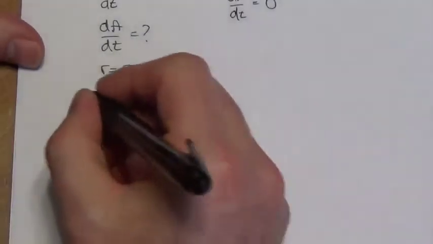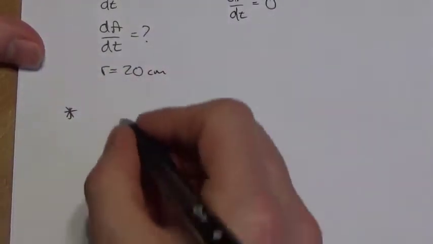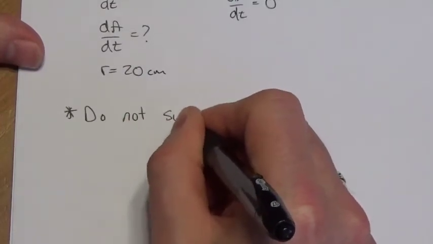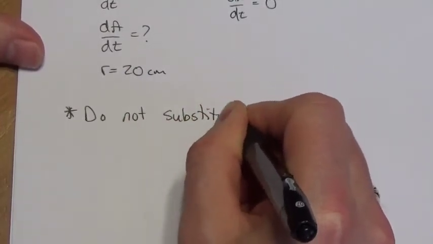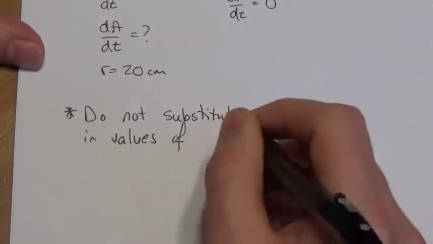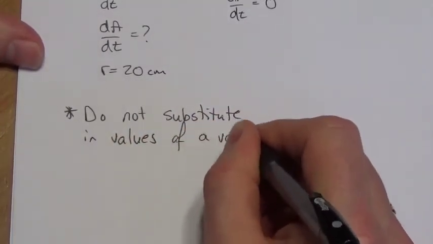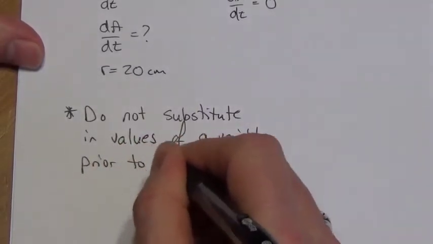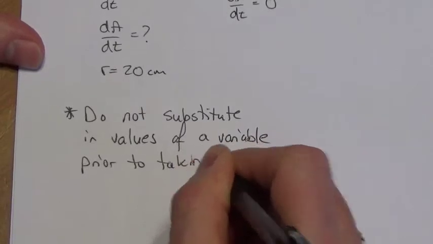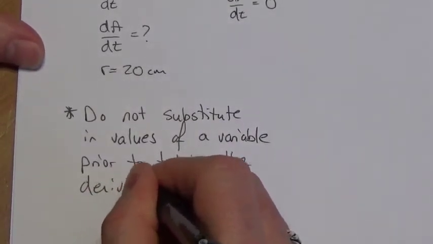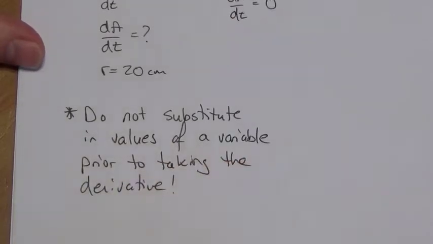What I want you to note here, big note: do not substitute in values of a variable prior to taking the derivative. That is worth taking a couple seconds and writing down.